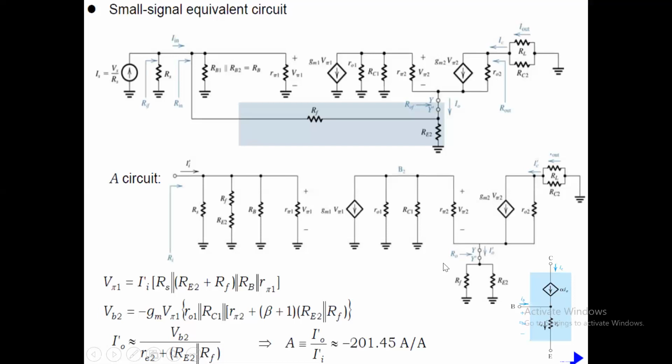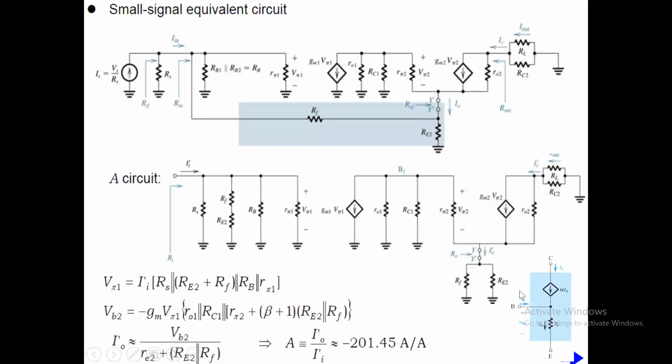That is the total equivalent, obtained by translating this from the emitter side to the base side. So, having written that, the I naught dash is the current over here, and that will be the voltage here. The voltage here can be considered.